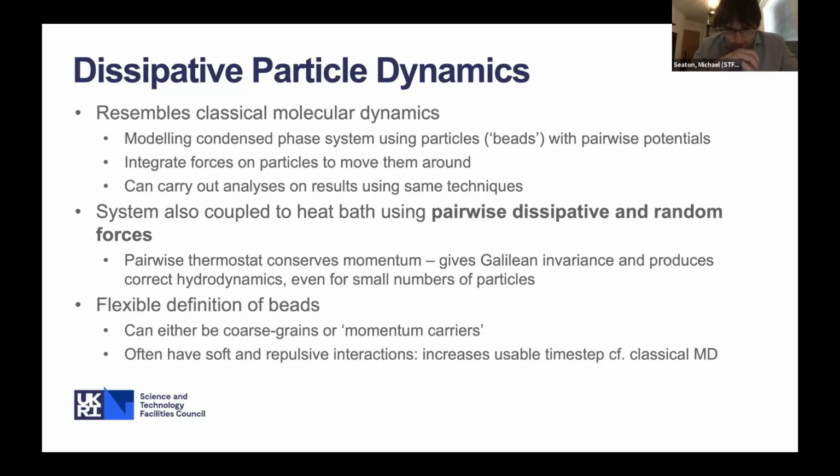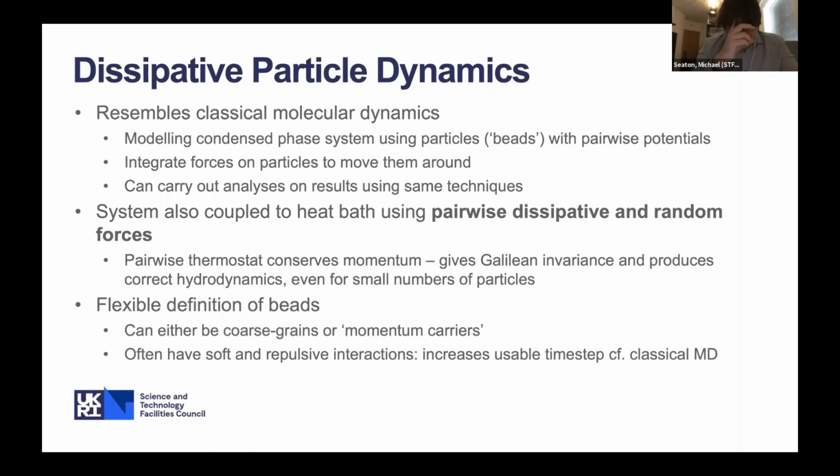This gives you a property known as Galilean invariance, which is basically to say that any large-scale fluid property will be the same regardless of the frame of reference that you use to measure it. What that means is that it will give you correct hydrodynamic behavior for your particle system, even if you are using a small number of particles.